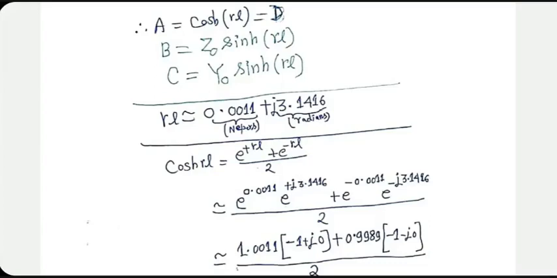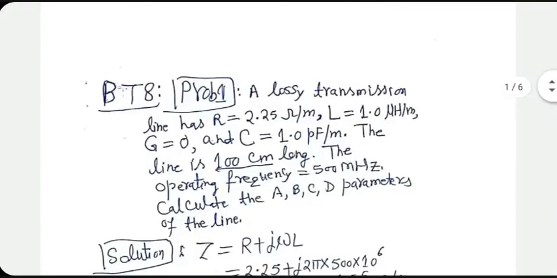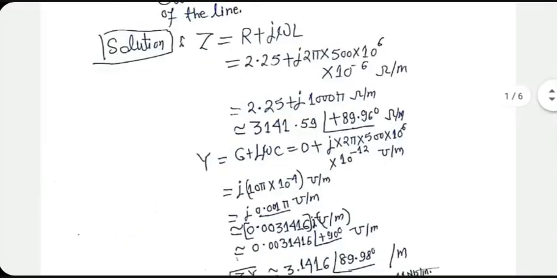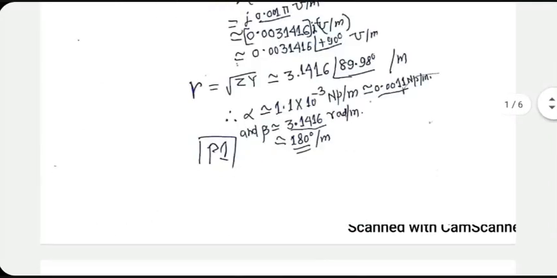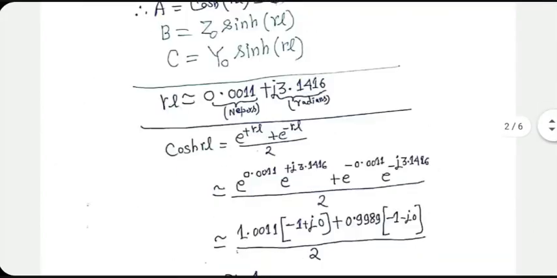By the way, L is 1 meter, so alpha L is simply alpha and beta L is simply beta in this particular case. That's why I'm writing e to the power 0.0011, e to the power j 3 point something, plus e to the power minus 0.0011, e to the power minus j 3 point something. This is how you have to do the calculations.